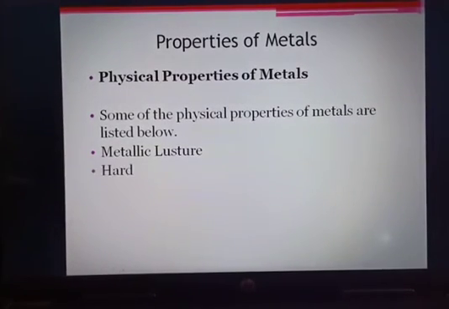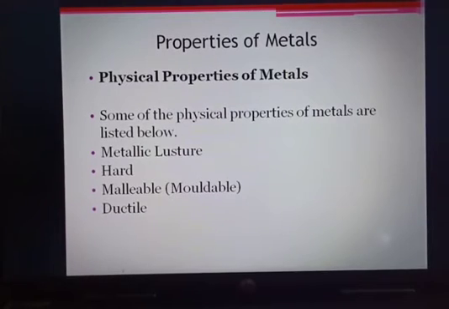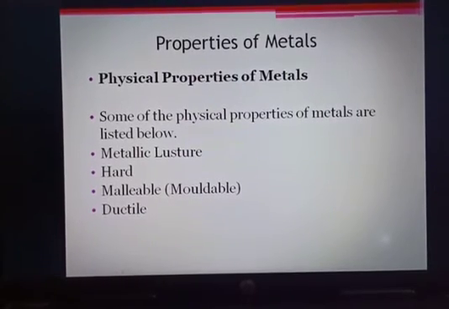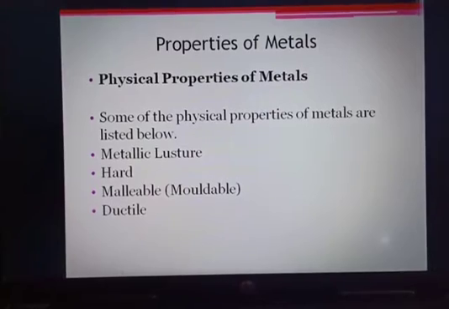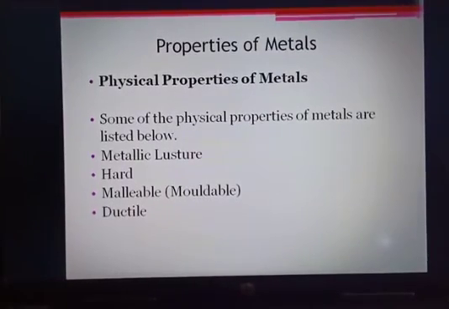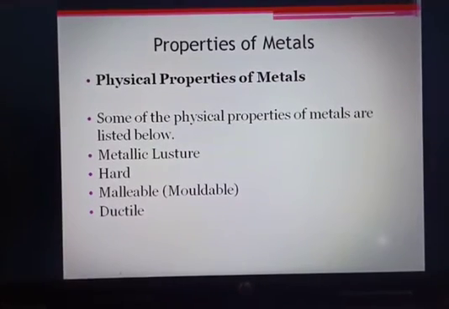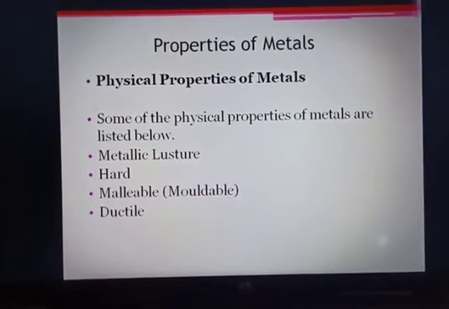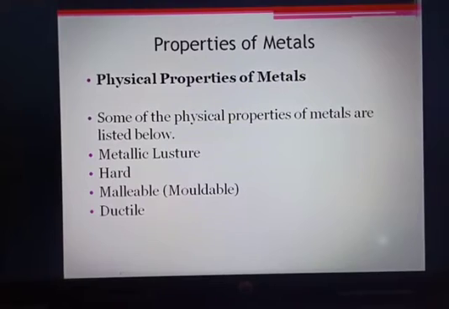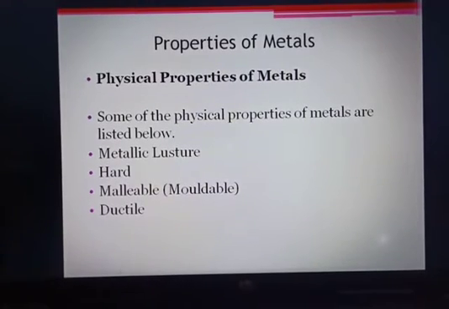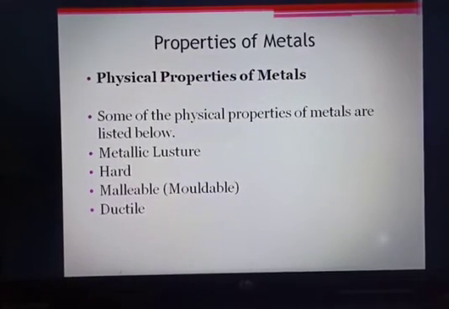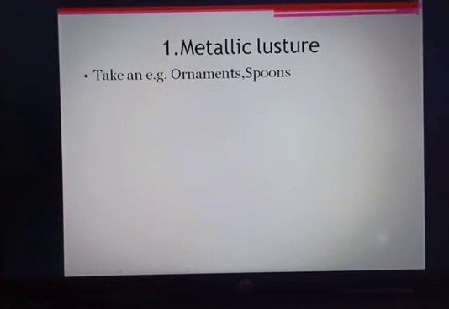First, in this video we will be discussing some of the physical properties of metals, which are metallic luster, hard, malleable, it is also called moldable, and ductile. These four properties we will learn in detail. So first is metallic luster.